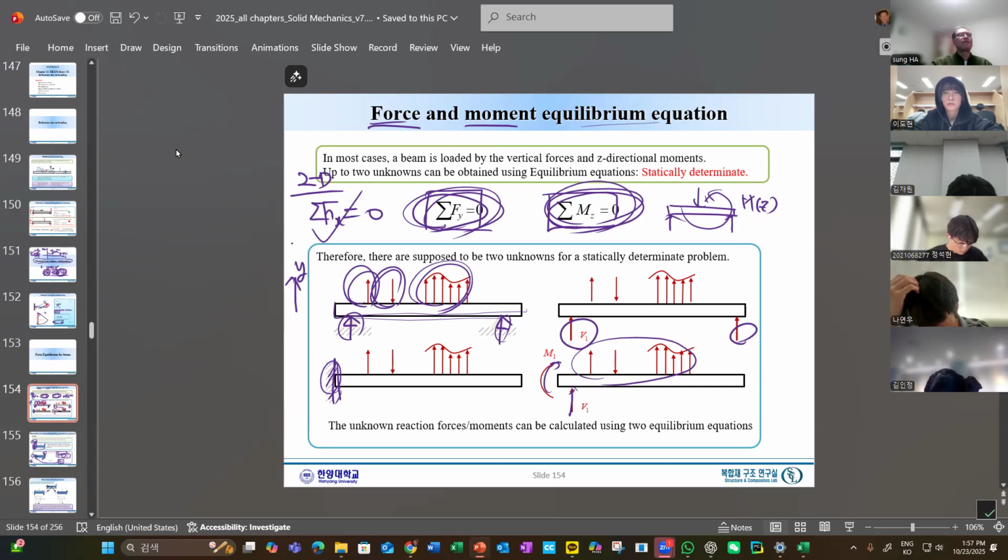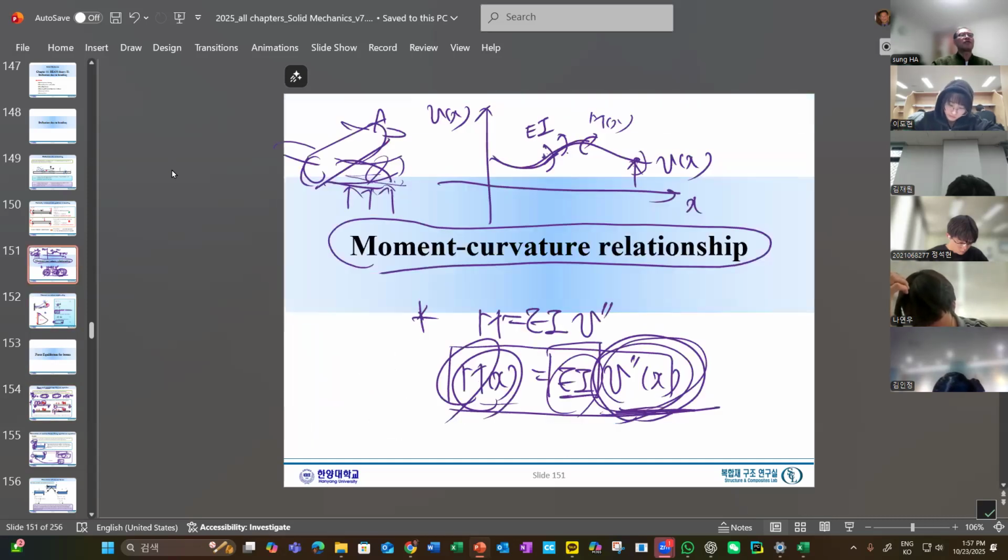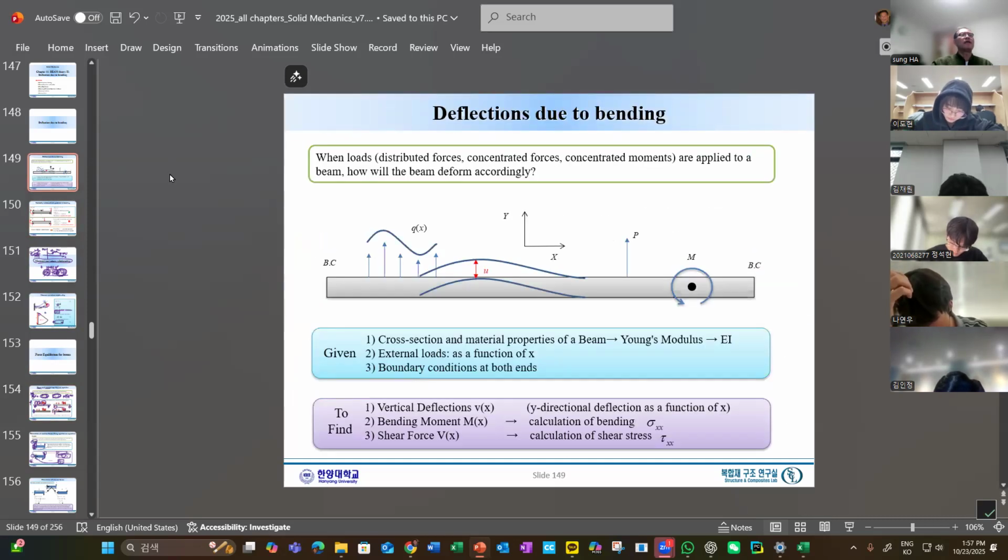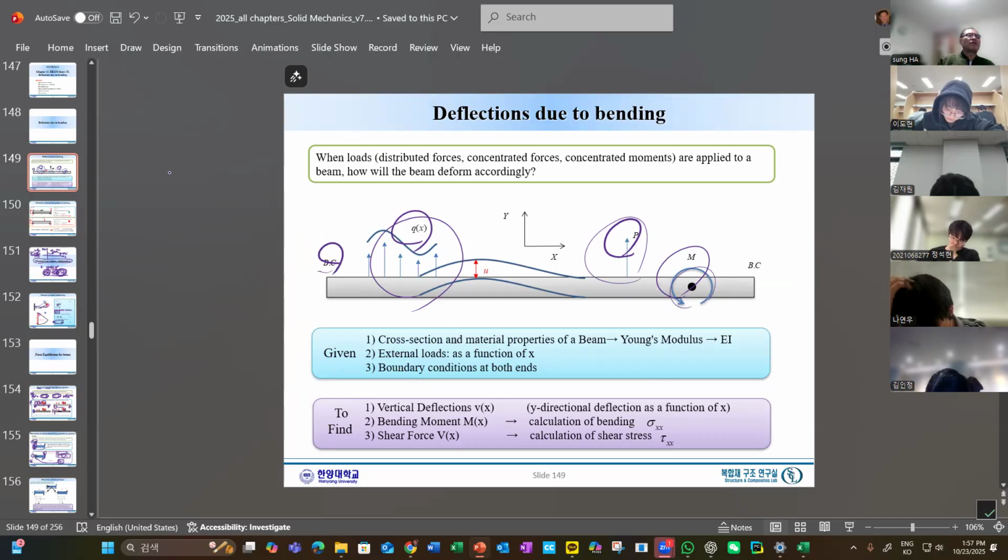So any beam, actually, let's get back to the problem statement here. Any beam under the distributed load Q and a concentrated load or concentrated moment, we do have a certain boundary condition. This external load may not be in equilibrium. Then one makes this structure be in equilibrium with this boundary condition.